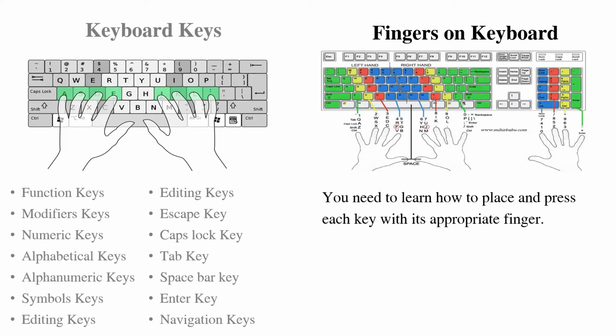Initially, you are placing it at the beginning. So if the pointer is on H, the middle finger should be on J. That's how it is. But you are entitled to press U, 7, and M with it.